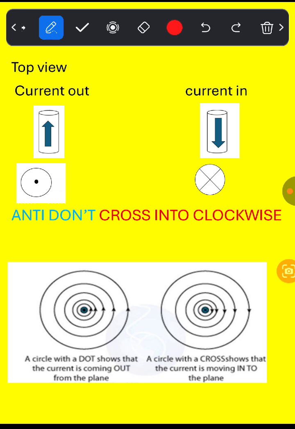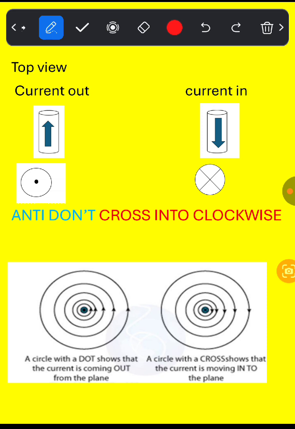Now, if the current is going out like this, or the direction of the current is represented by this dot here, to show that the current is going out of the page, then we should use a dot, right?